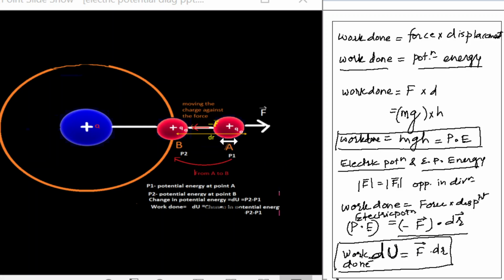Now you can see this is position A and this is position B. From A to B, it is covering some distance dr, and so the work done is equal to F into dr.